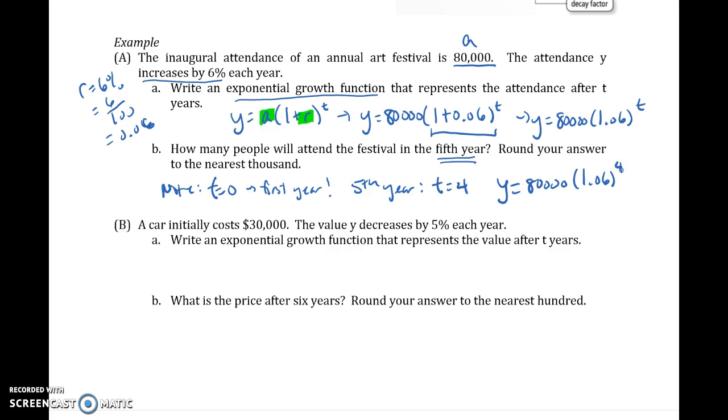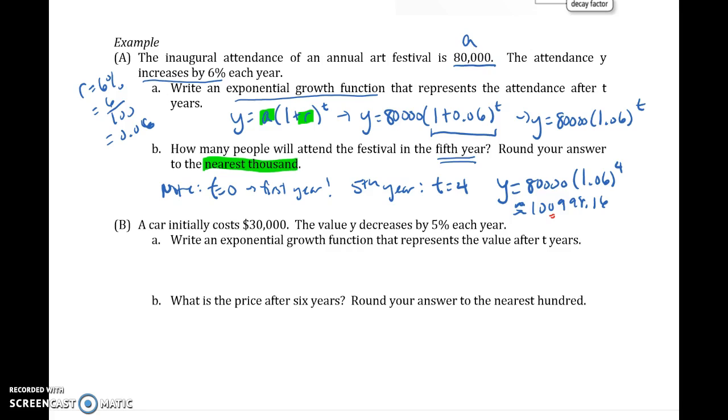And here's where your calculator comes in. You're going to do this in your calculator, and you're going to get something like 100,998.16. That's approximate. But we want to round to the nearest thousand position, which means we want to round to this value, where that first 0 is.